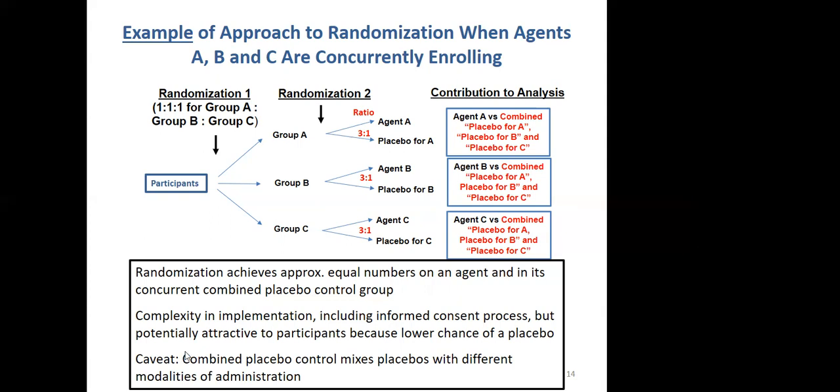The caveat, or another caveat, there's no free lunch with efficient design. So another caveat here is that the combined placebo group mixes placebos with different modes of administration.